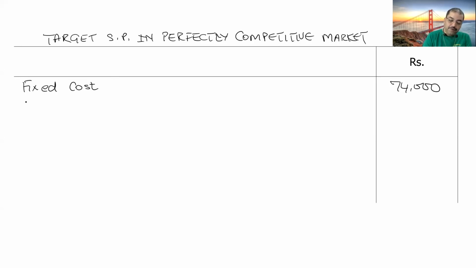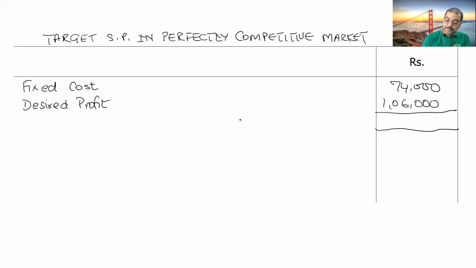Desired profit is 1,06,000. Contribution is 1,80,000.